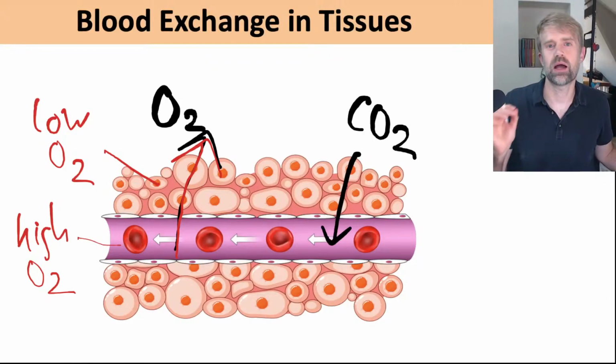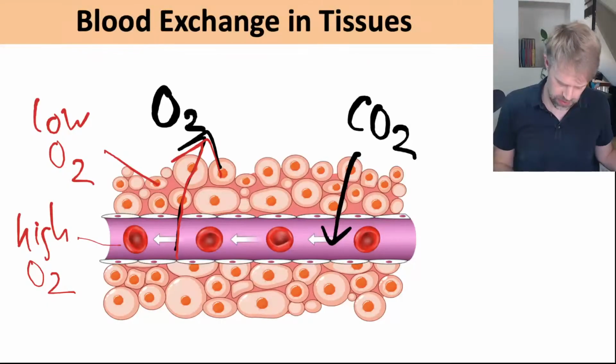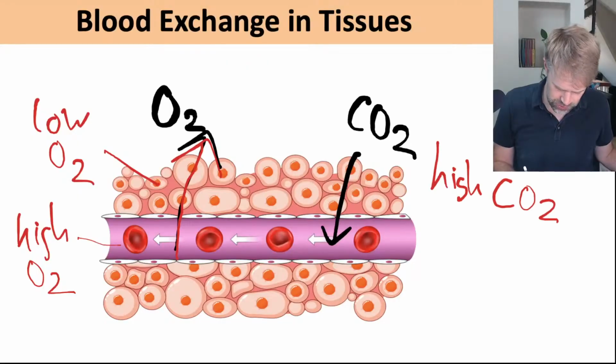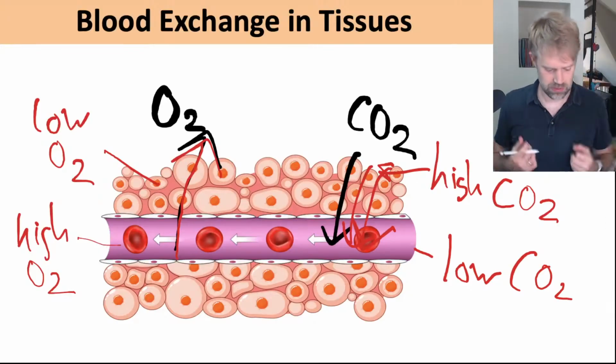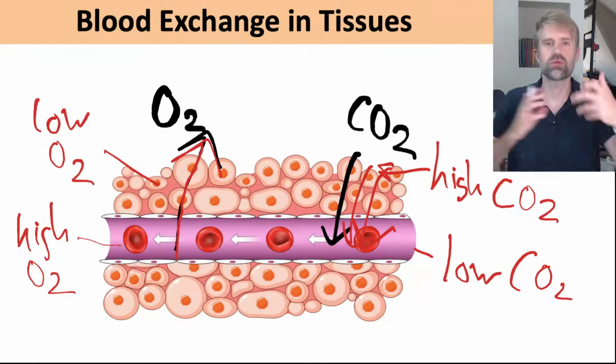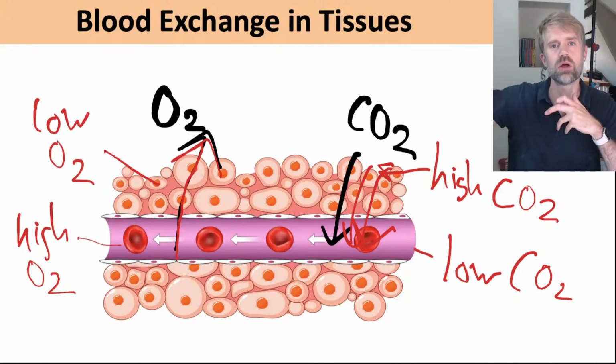If carbon dioxide is moving from the cells, from the tissue into the blood, it must be a high amount of CO2, a high concentration of CO2 in the tissues, and a low amount of CO2 in the blood. And that's why the blood is getting the CO2, right? So in both cases, we're moving from high concentration to low concentration.